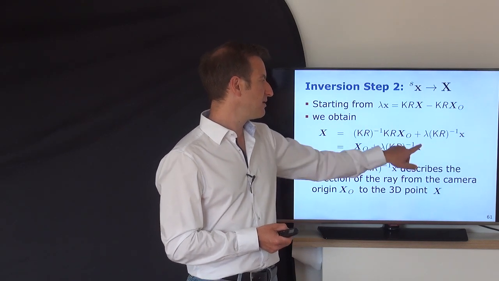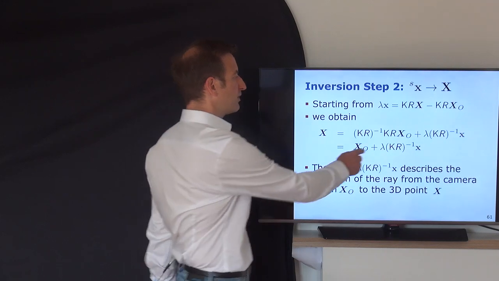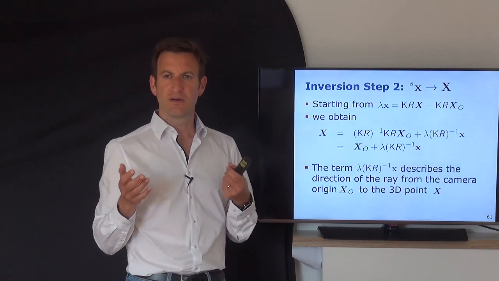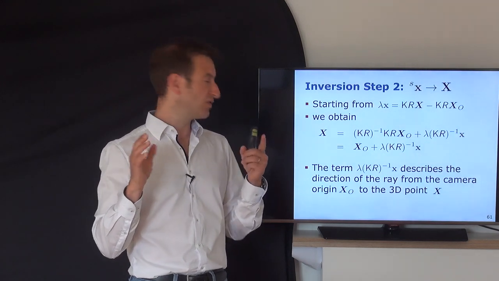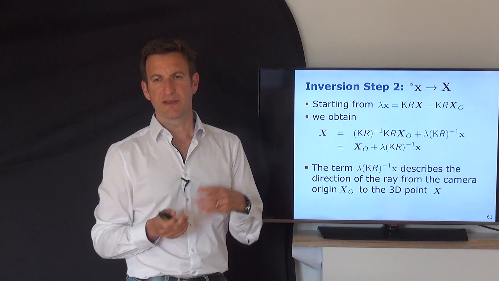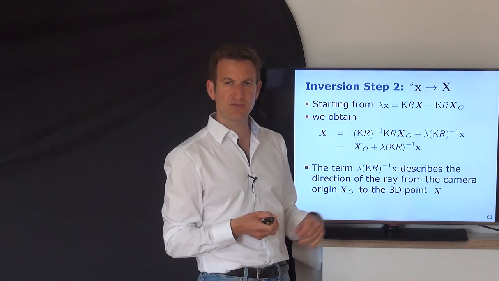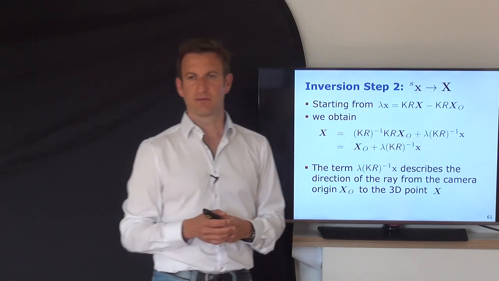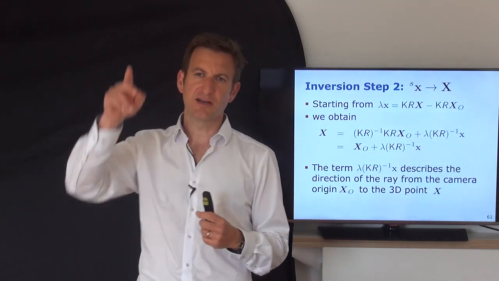And then I have here a product of (KR) inverse, a 3x3 matrix which is a multiplication of my calibration matrix and my rotation matrix, inverted, times a vector. So this actually gives me a direction.